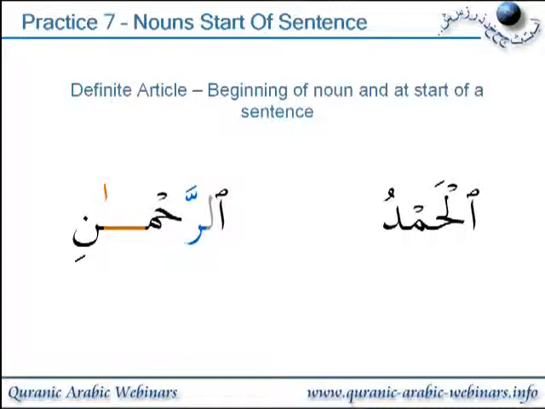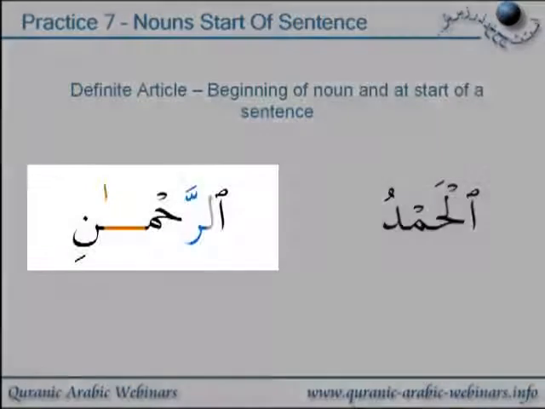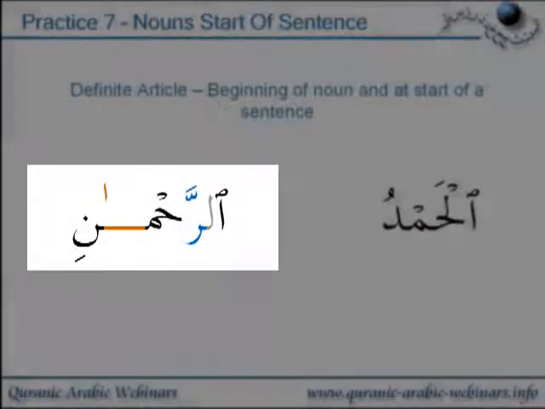Practice 7 is nouns at the start of a sentence, i.e. they begin with the definite article al, i.e. the Hamza-Tul Wasl and the lam, but there is no preceding sound, and again this is with the sun and moon letters. Alhamdu, Ar-Rahman.